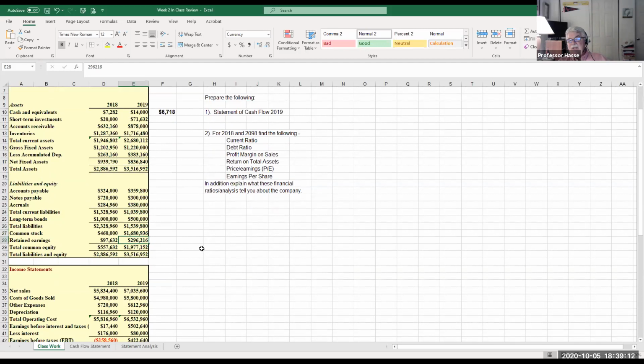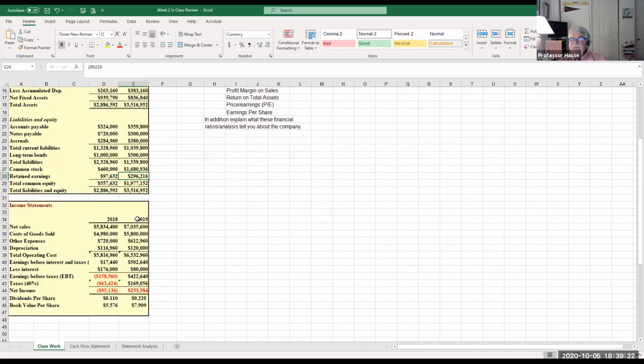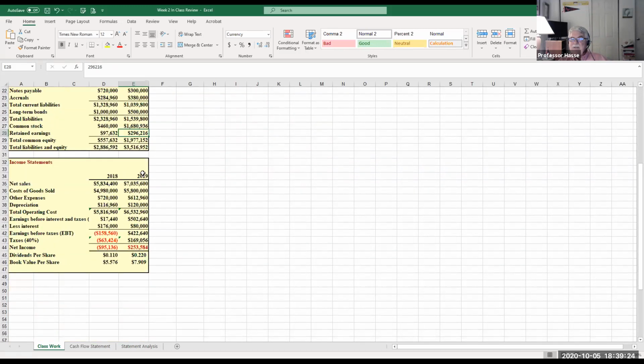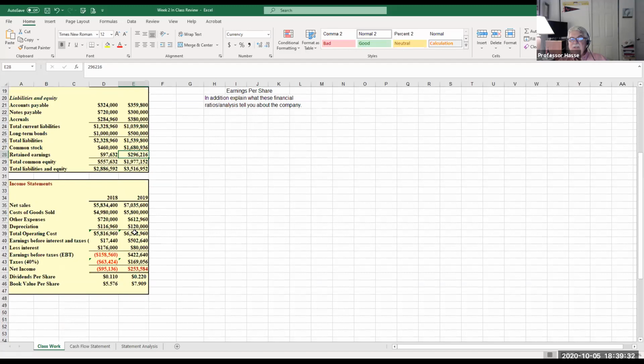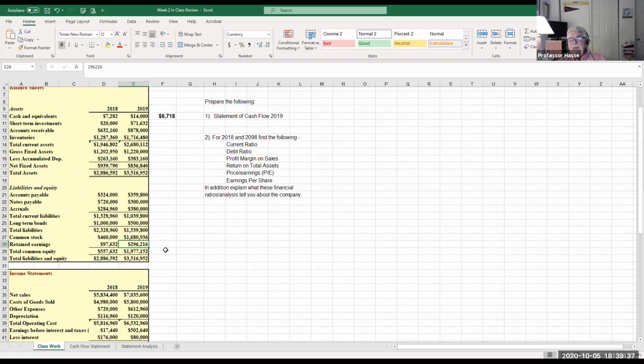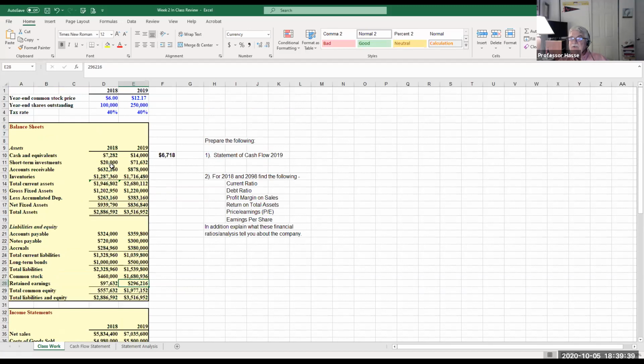And how much have we retained in earnings cumulative over the life of this entity? And all these numbers are fueled by operating revenues and expenses during the course of a fiscal year. Remember, the income statement is for a period of time. The balance sheet is for a particular date in time.